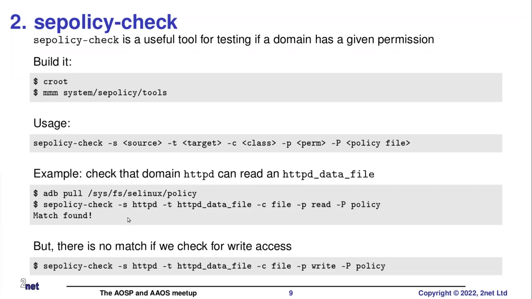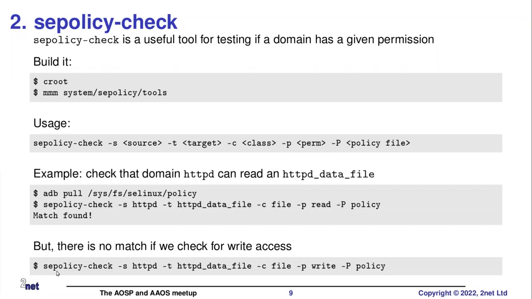Then I want to say, well, can HTTPD read a HTTPD data file? We know it can because we explicitly put that into the TE file. So we run this check and it says match found. So good, that worked. Now we can say, well, but can it write to a HTTPD data file?